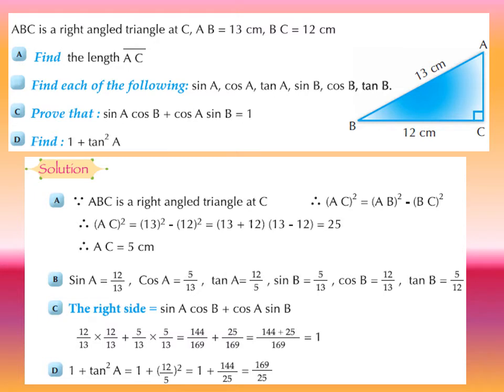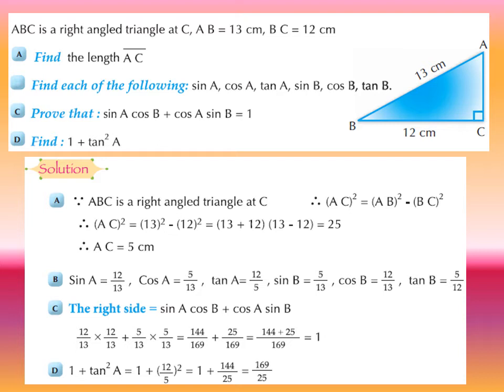to prove that sine A cosine B plus cosine A sine B equals 1, solve the right side. The right side equals sine A cosine B plus cosine A sine B equals 12 over 13 times 12 over 13 plus 5 over 13 times 5 over 13 equals 144 over 169 plus 25 over 169 equals 169 over 169 equals 1, the left-hand side.